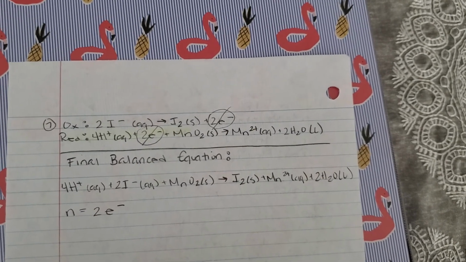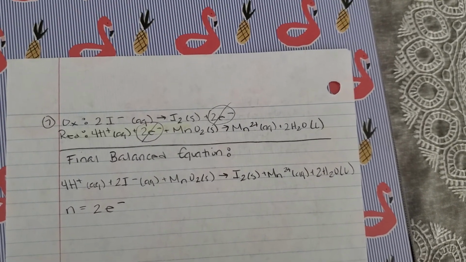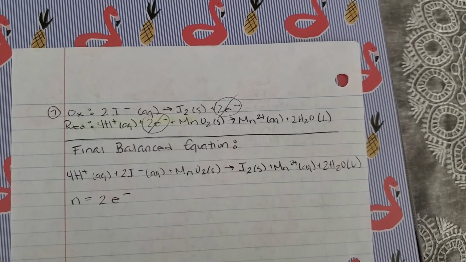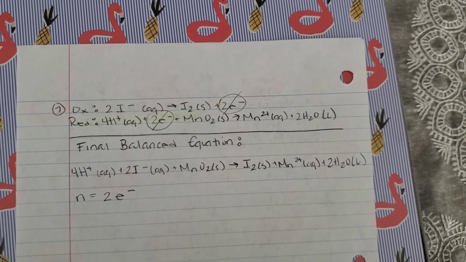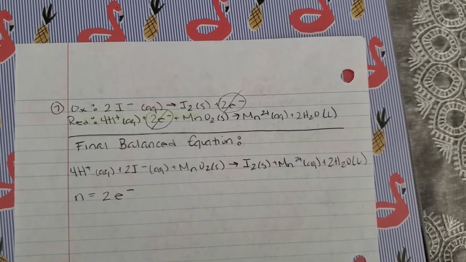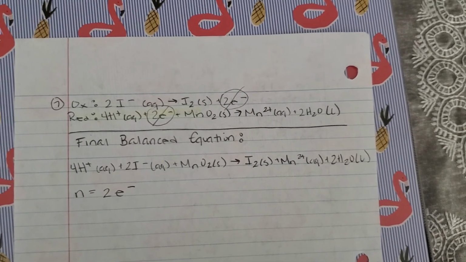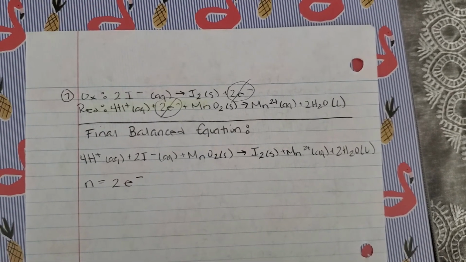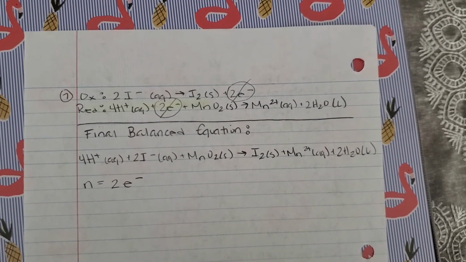So for the oxidation reaction, there were 2 e- on the right side, and for the reduction reaction, there were 2 e- on the left side. So if you think about the arrows as like an equal sign and you were adding those 2 equations together, the 2 e- would cancel out because they're on opposite sides of the equation.